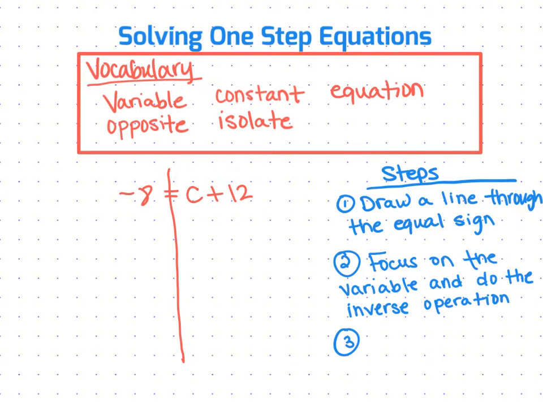We're going to focus on that variable and we're going to do the inverse operation. So I see that I'm adding 12 positives, and the opposite or the inverse of 12 positives is 12 negatives. And what I do to one side, I'm going to do to the other side.